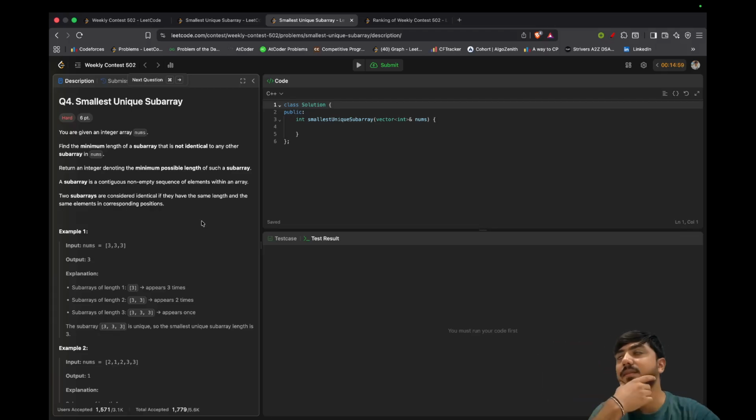What's the maximum length of a subarray whose frequency is greater than 1? This is monotonic, right? This statement is monotonic, right?